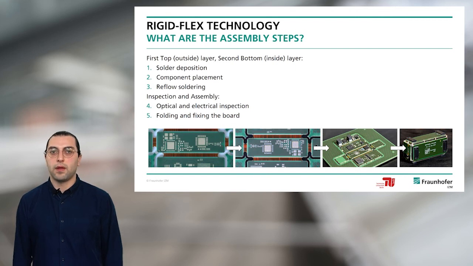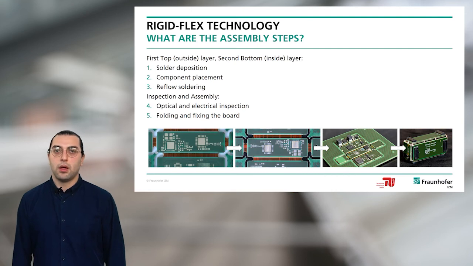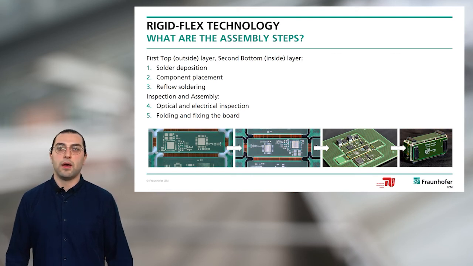The first step is solder deposition. And after this step, we can place the components with a machine. And the third step is going through a reflow soldering process so that we can fix the components to the PCB.